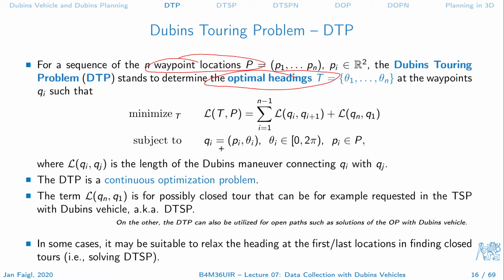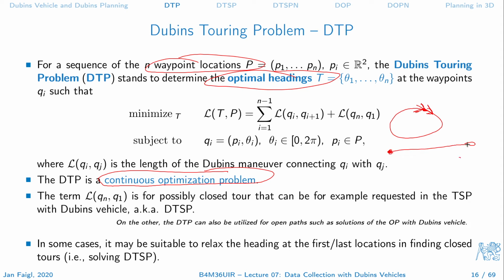So it is a continuous optimization problem. And as I mentioned, we may distinguish if we like to have a closed loop where we have this constraint of the same arrival angle heading as the leaving, or we can have open paths such as in orienteering problems.